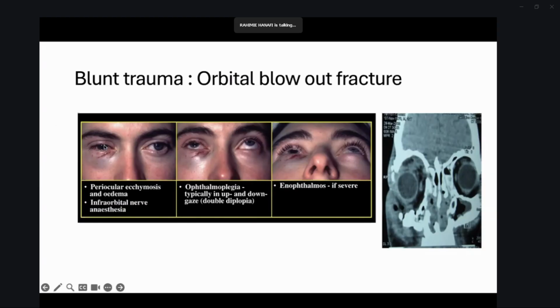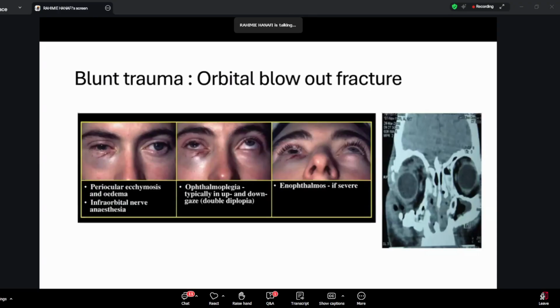Okay, so in the first photo, if we really look, actually the eye looks smaller. Actually, not that the eye looks smaller, but the eye is actually enophthalmos, okay? And then you can see the periocular ecchymosis and also the edema.